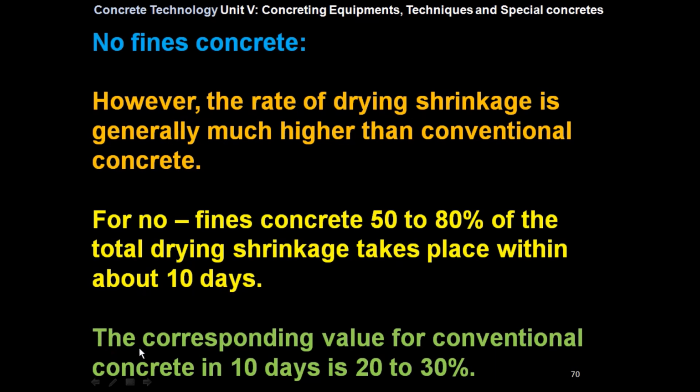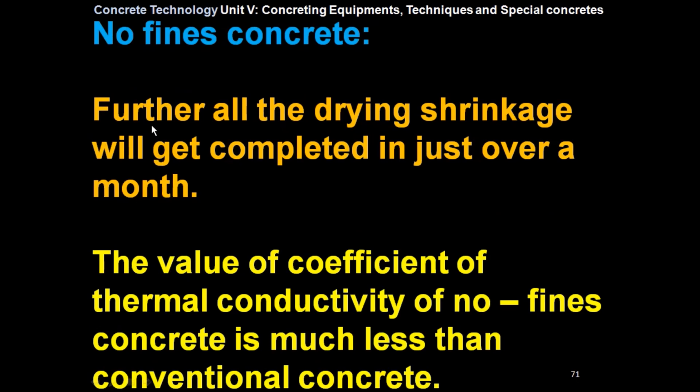The corresponding value for conventional concrete in 10 days is 20% to 30%. Furthermore, the drying shrinkage will get completed in just over a month. The value of coefficient of thermal conductivity of no-fines concrete is much less than conventional concrete.